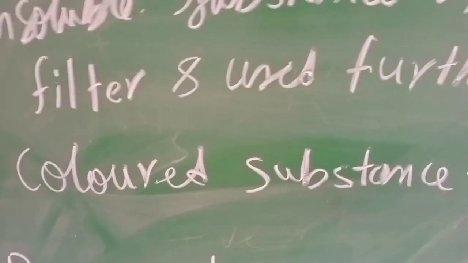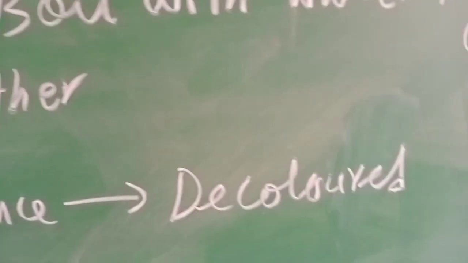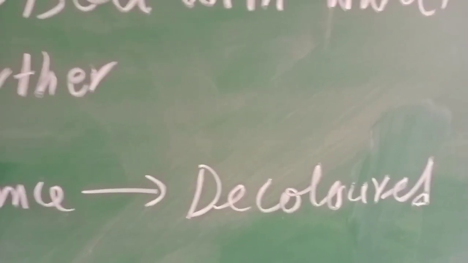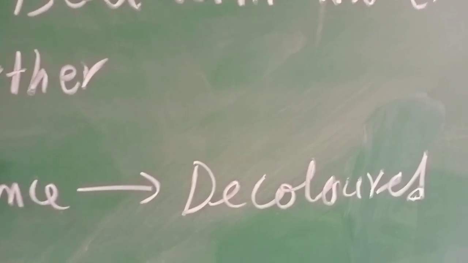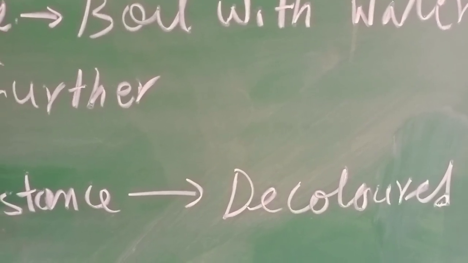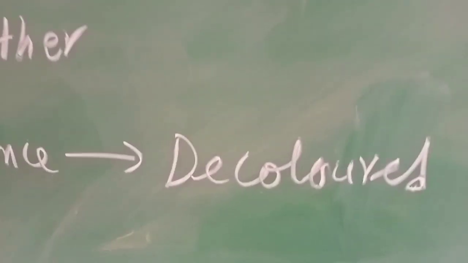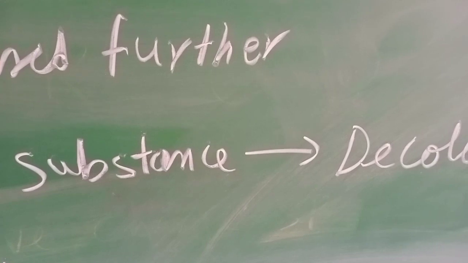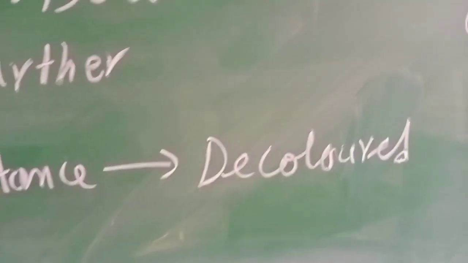So, these colored substances must be properly decolorized by adopting suitable chemical or physical procedures, and once these colored substances are properly decolorized, they are further used for the limit test of chloride.